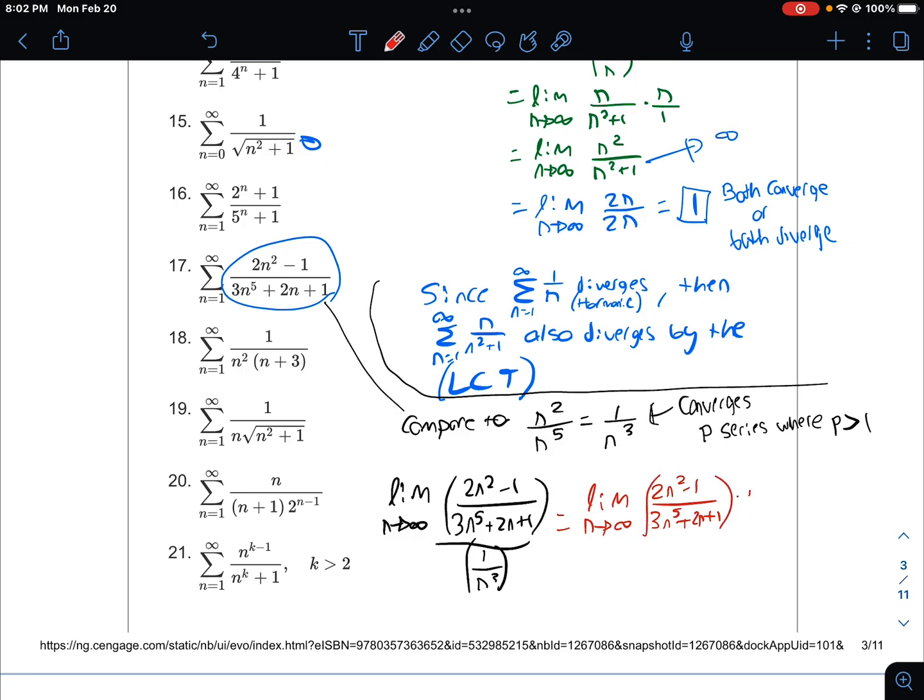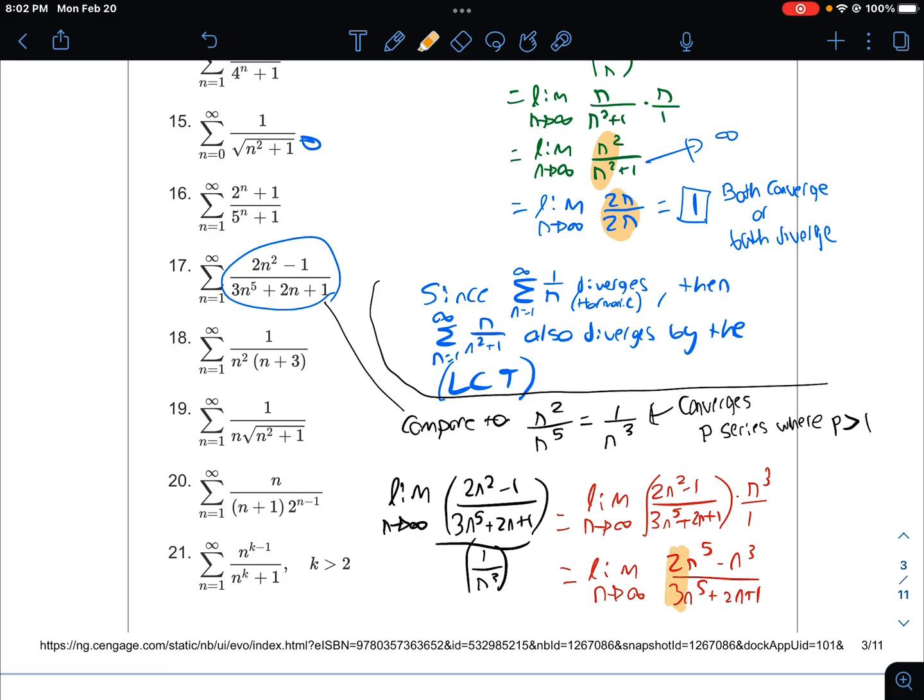All right. Times n cubed over 1. And when we do this, you're going to start to see that we're going to get the limit as n approaches infinity of 2n to the fifth minus n cubed over 3n to the fifth plus 2n plus 1. And I don't know if you guys saw it from the last one, but as you apply L'Hopital's rule, the only thing that really matters is the coefficients in front of these.